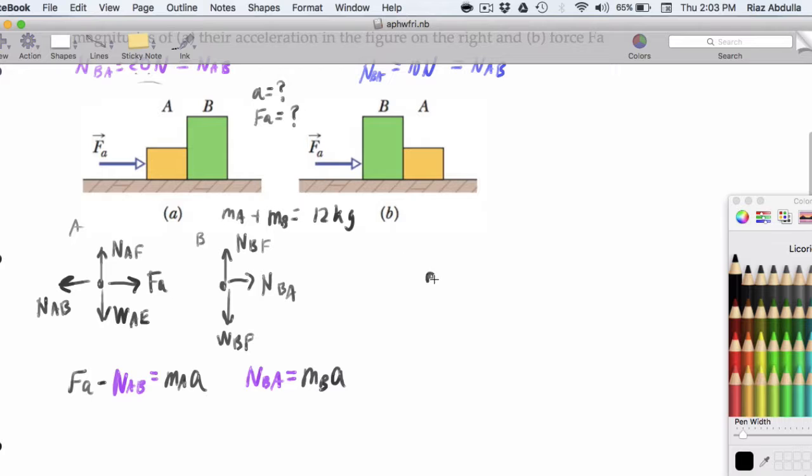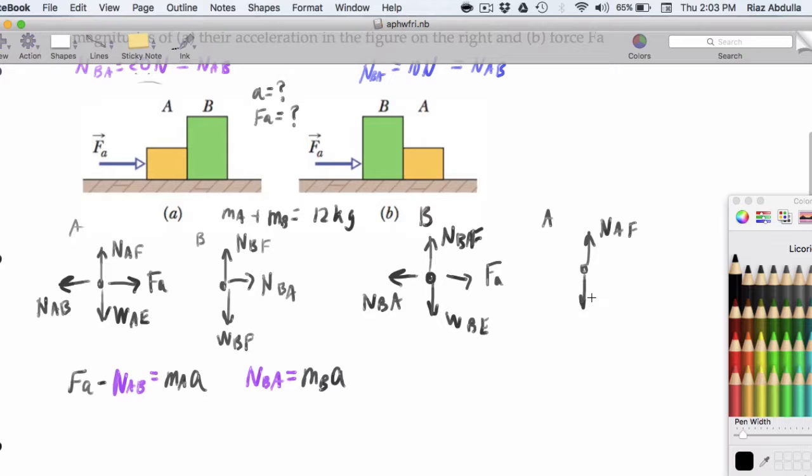Now I'm going to have a similar set of free body diagrams in the second case. But now this is block B here, weight of B due to the earth. And sorry, this is normal on B due to the floor. I have the force applied, and I have a normal on B due to A. And then on block A, I have the normal force on A due to the floor, the weight of A due to the earth, and I have a normal on A because B pushes it.